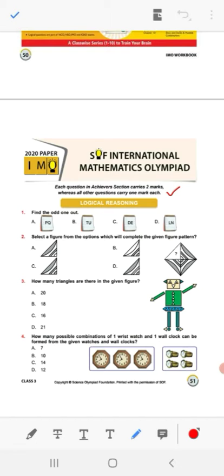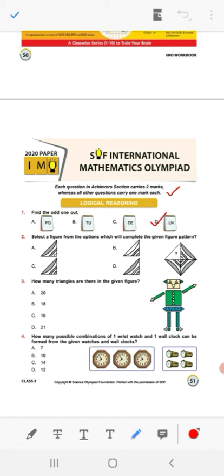In B, T, U are also successive. In C, D, E are also successive. But in option D, L and N are not successive letters. So option D is correct here. Pass to question number 2.